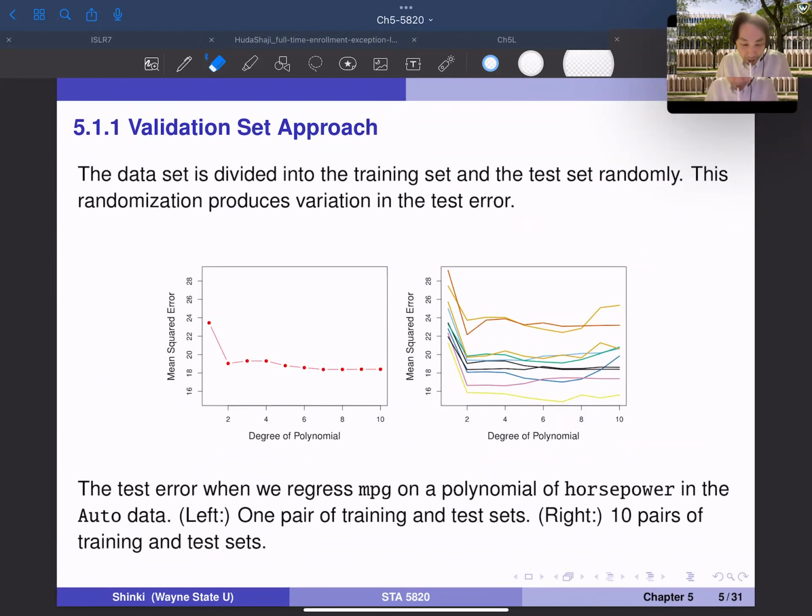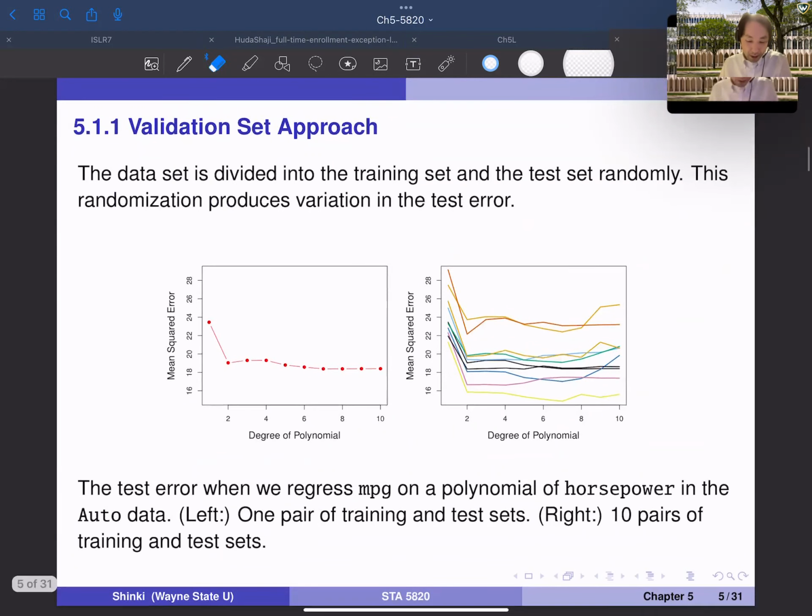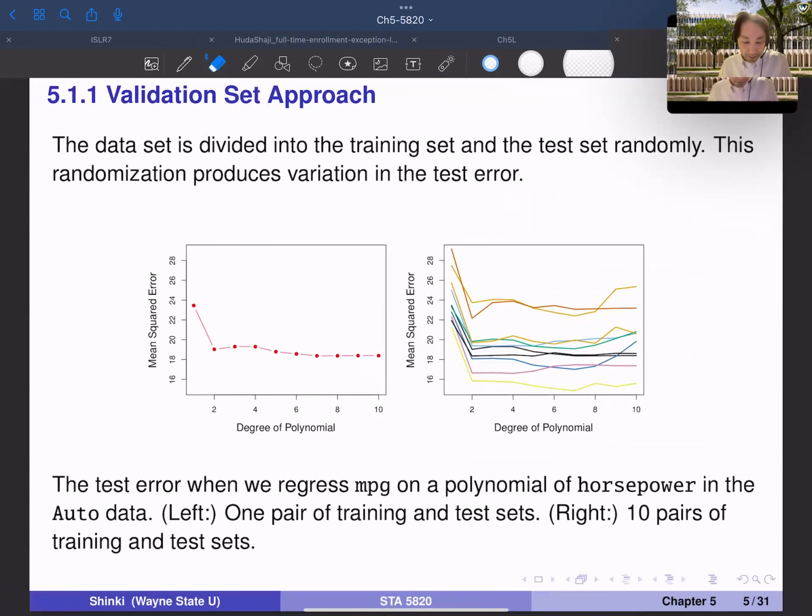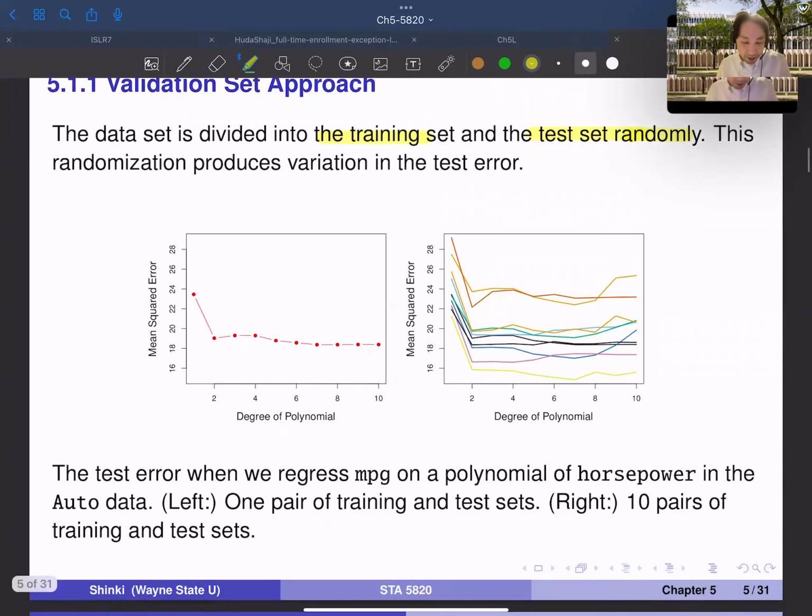And here is one example of this fact. The data set is divided into training set and test set randomly. It does not say the details, but maybe we split the original data set into 50% and 50%. This randomization produces variation in test error.